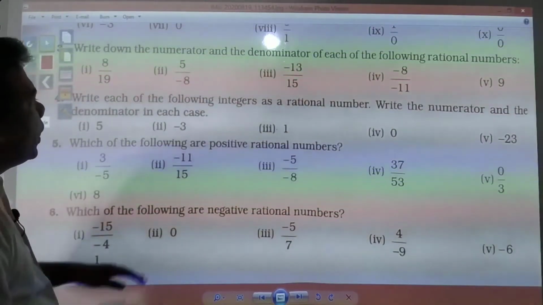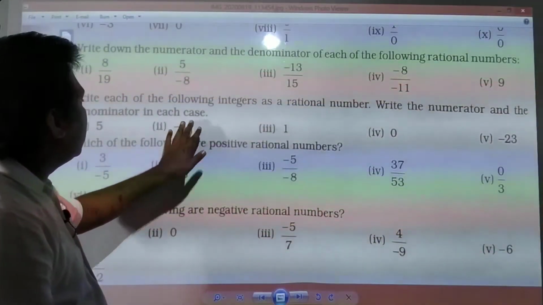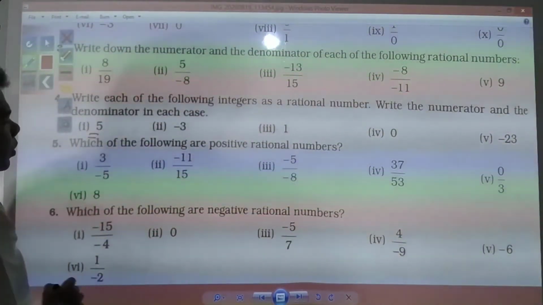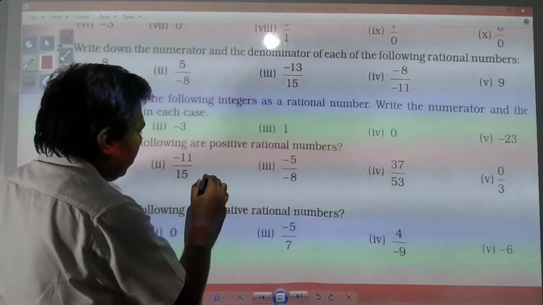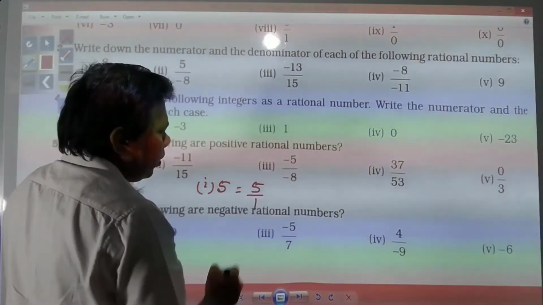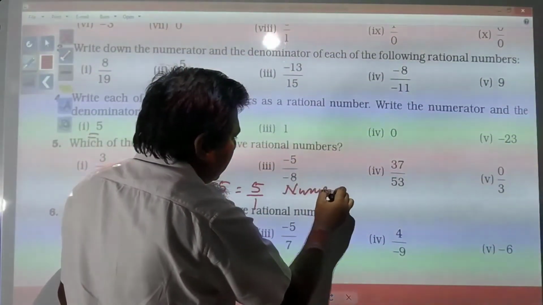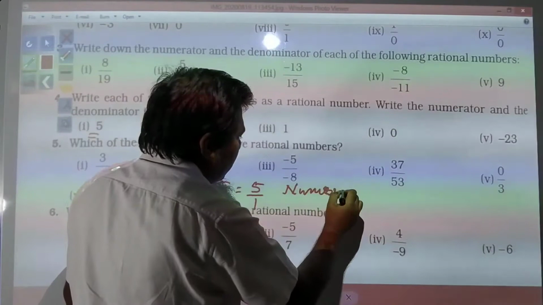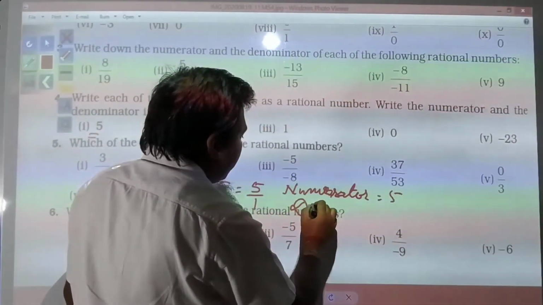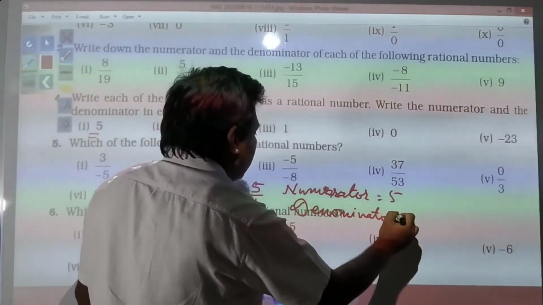Write each of the following integers as a rational number. Write the numerator and denominator in each case. In the form of rational number, if you are expressing 5, this will be 5 by 1, and here numerator is 5 and denominator is 1.